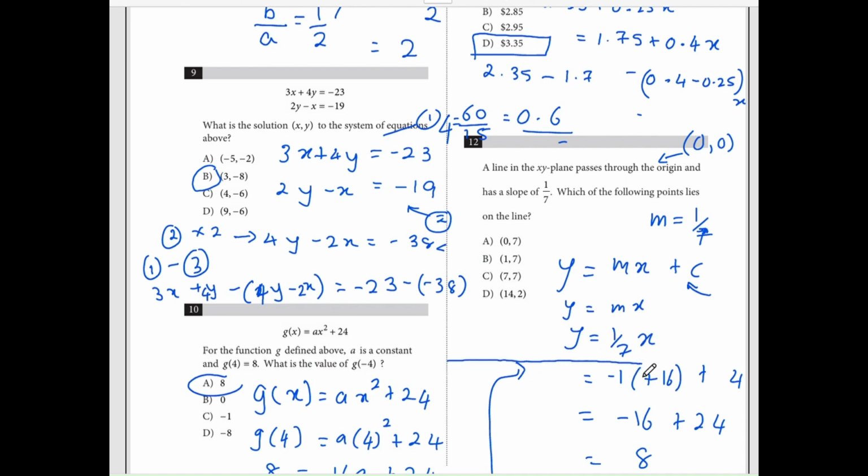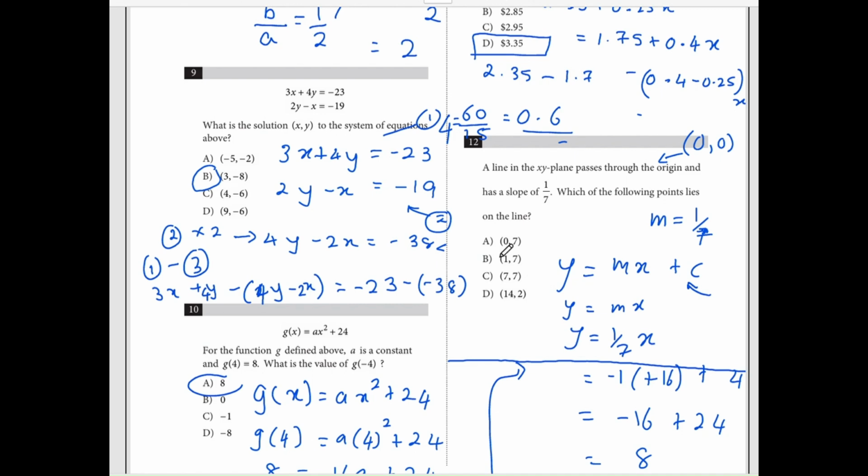Okay, then which of the following points lies on the line? If we substitute each of these points into this equation, it should satisfy the equation.